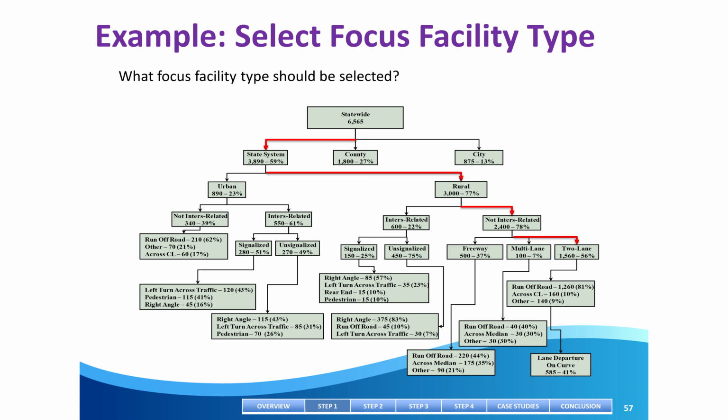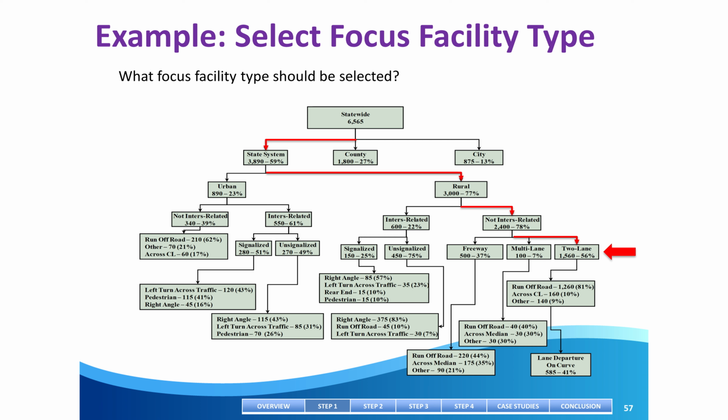So beyond that, are these on freeways, multi-lane highways, or two-lane state highways? And they appear to be predominantly on the two-lane roads. So at this point, this is kind of our focus facility type. We're looking at state roads, the rural two-lane roads.